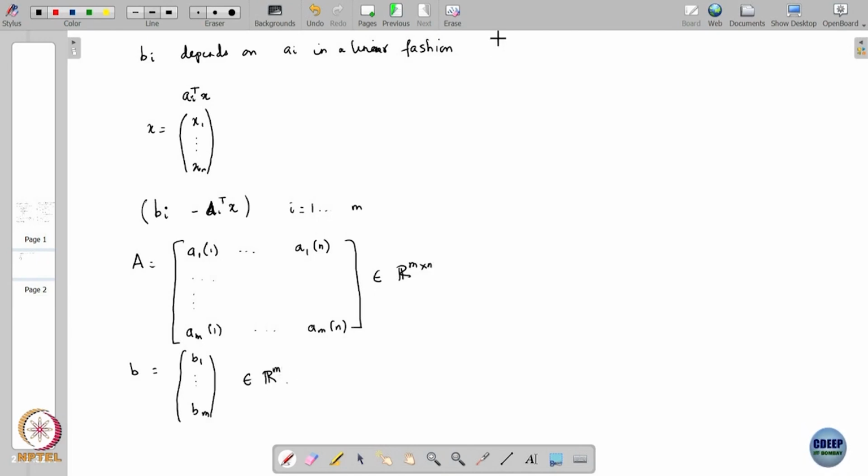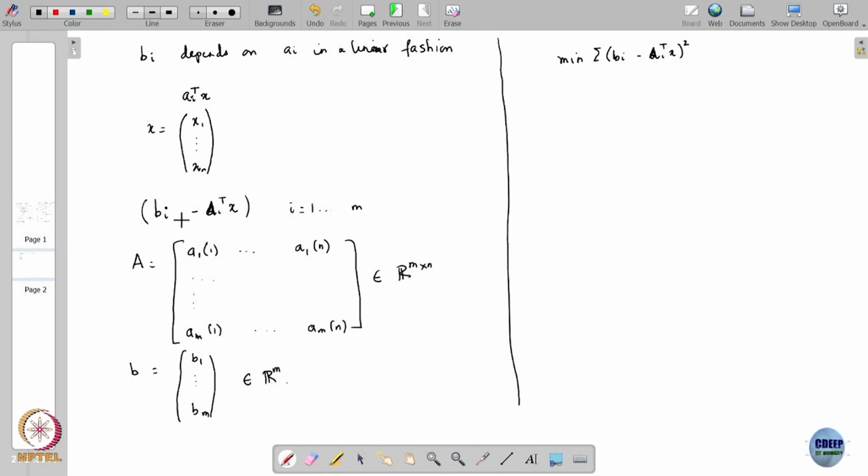And because there need not really be a linear relationship, what we will try to do is find an X such that the sum of these residues is minimized. Now the residues can take any sort of sign, so it does not make sense to just add them.